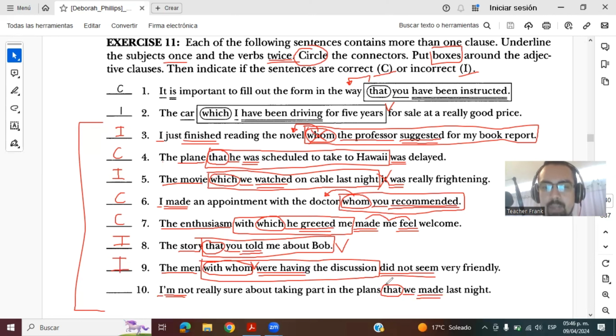Okay, I'm not really sure about taking part in the plans. Yeah, all of that is just, it's okay. But here we're going to describe the plans. What plans? The plans that we made last night, right? So that's an adjective clause. It has all the elements, a connector, 2 subjects, 2 verbs. So it is correct. All right.